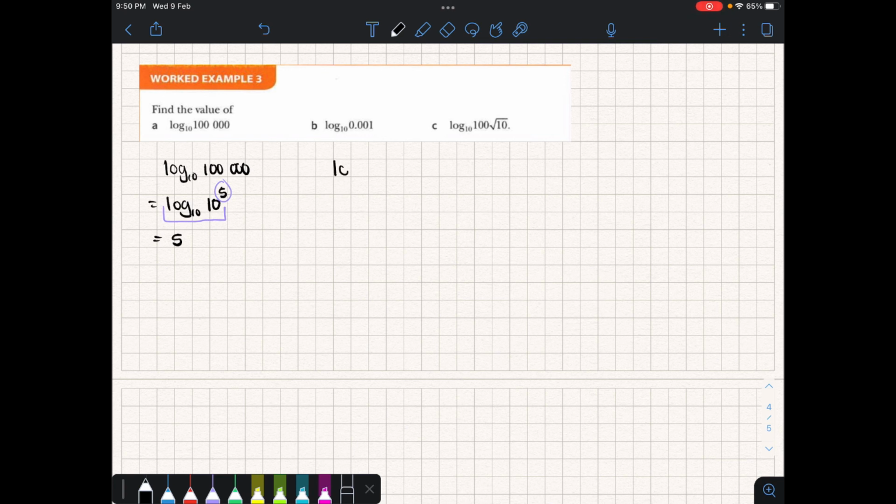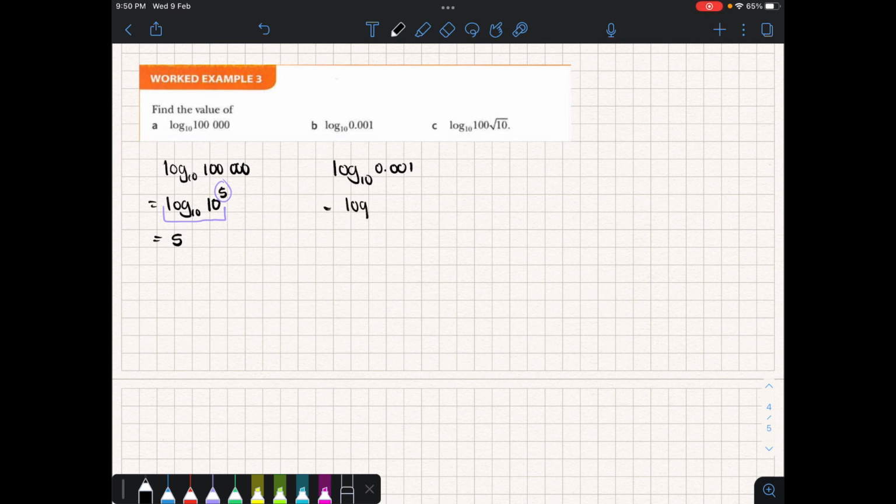Okay, here we have log base 10 of 0.001. Here we're asking, what do we raise 10 by to get 0.001? So what we can do is convert 0.001.